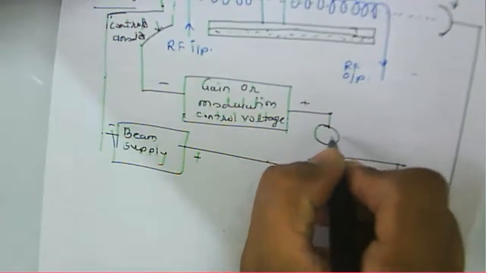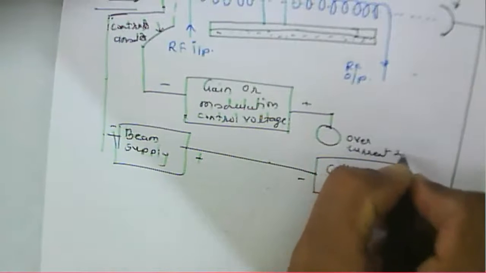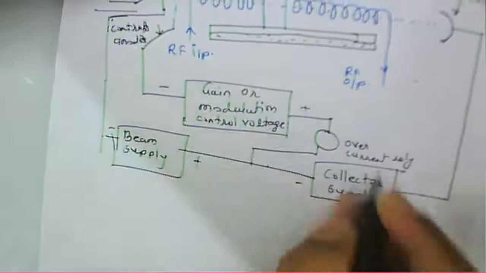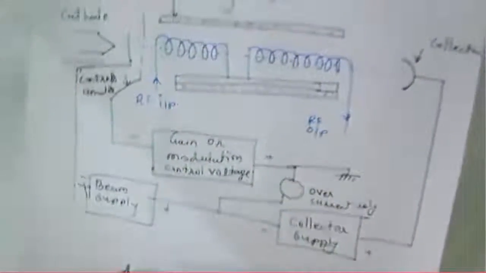Then we can use an over current relay. This one is your helix traveling wave tube.